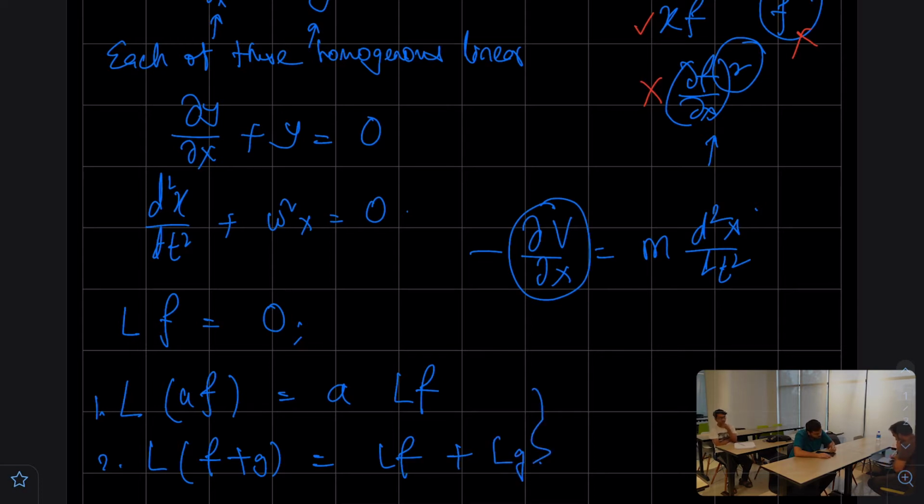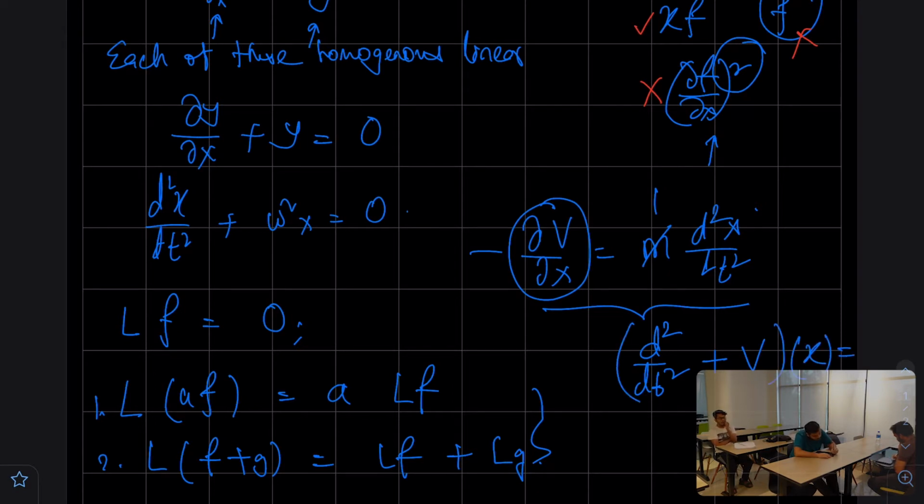So this thing can be written as d²/dt² plus V acting on x equal to 0.